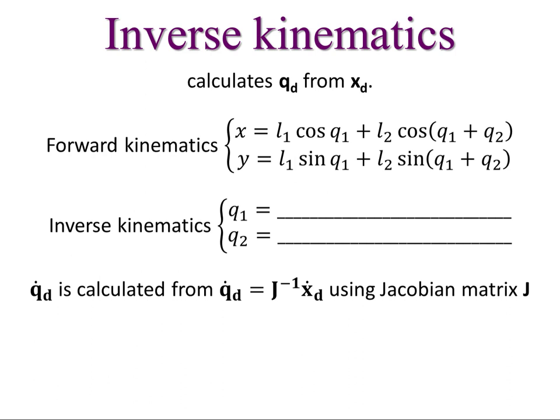The Jacobian matrix J can be obtained by differentiating the equation of forward kinematics with respect to time. Let's perform the concrete derivation by yourself as an exercise.